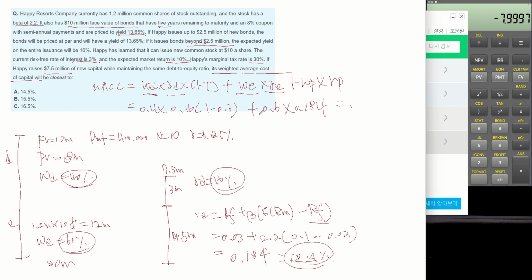That becomes 0.0448 plus 0.1104 equals 0.1552, 15.5%.